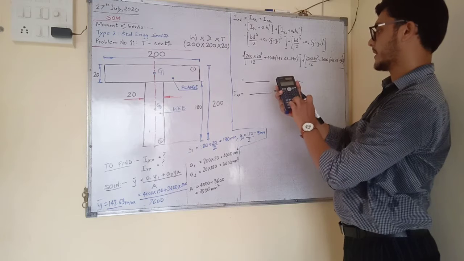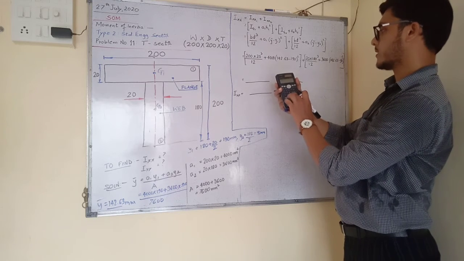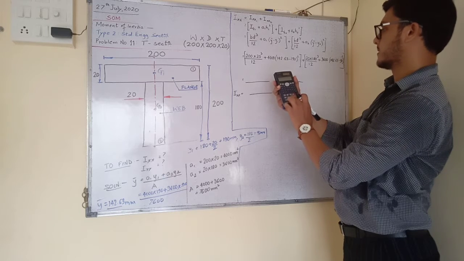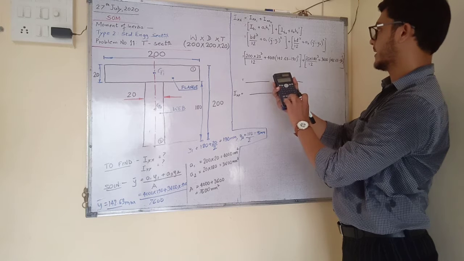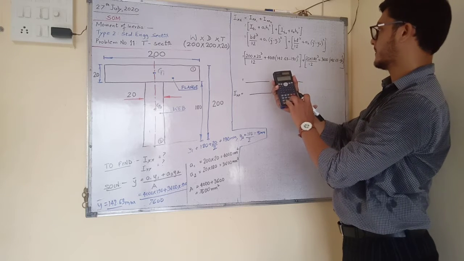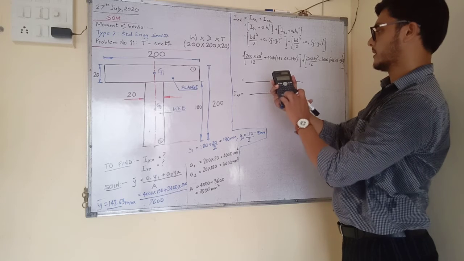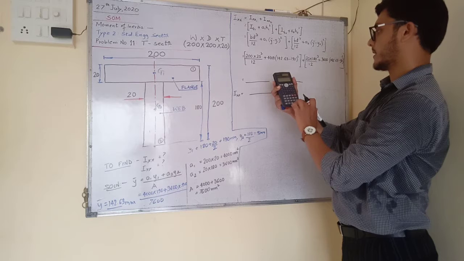Numerator is over, close the bracket, divide by denominator in another bracket 12. Close double bracket plus 4000 into bracket 142.63 minus 190, close the bracket, the whole square, close double bracket.